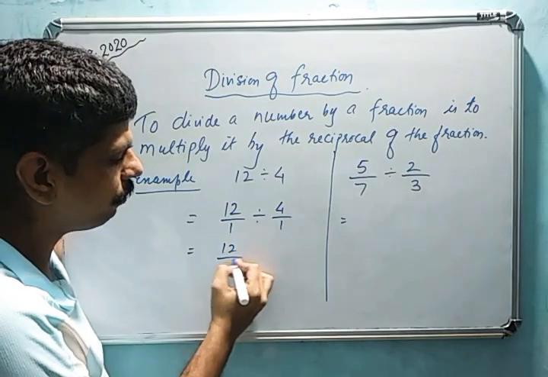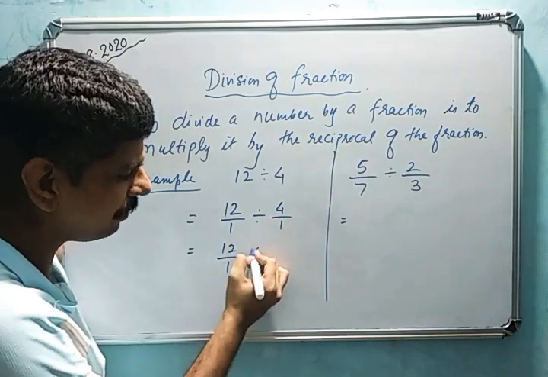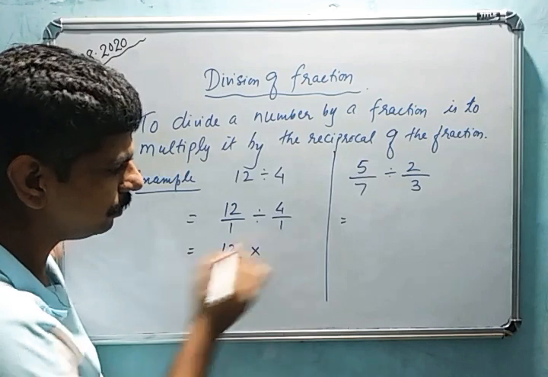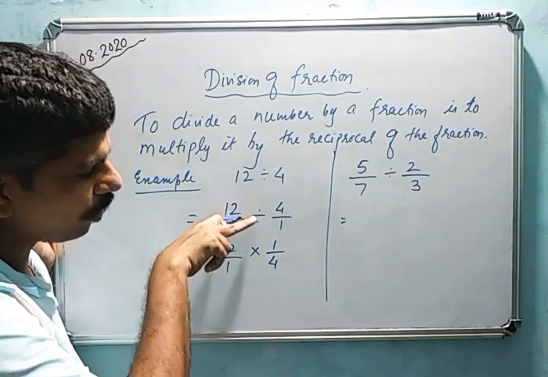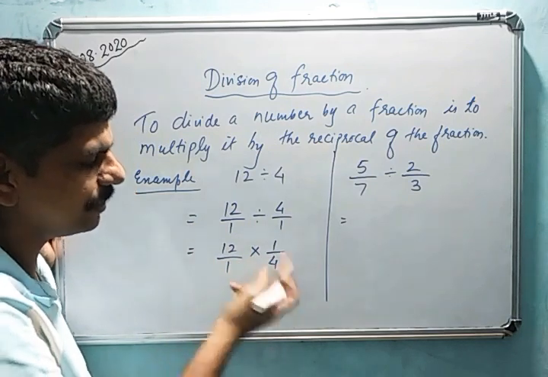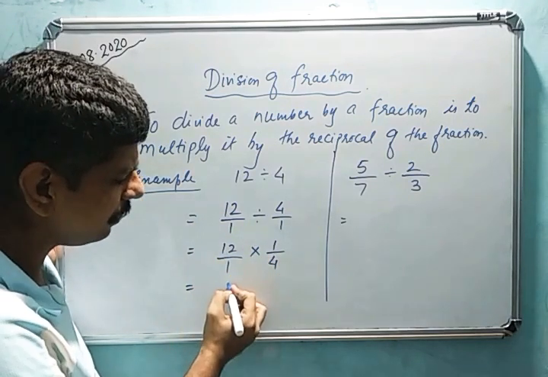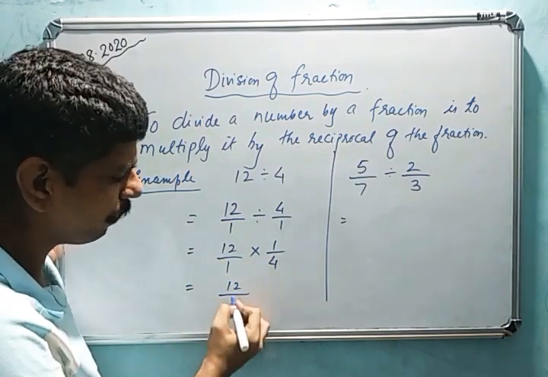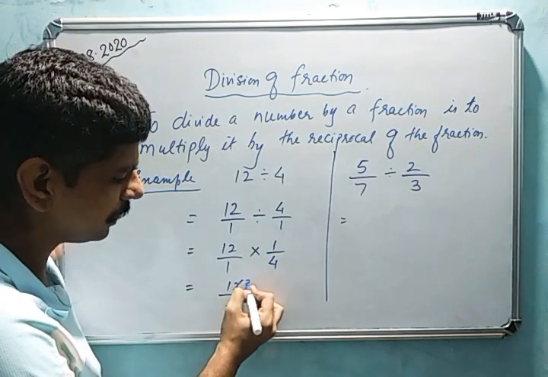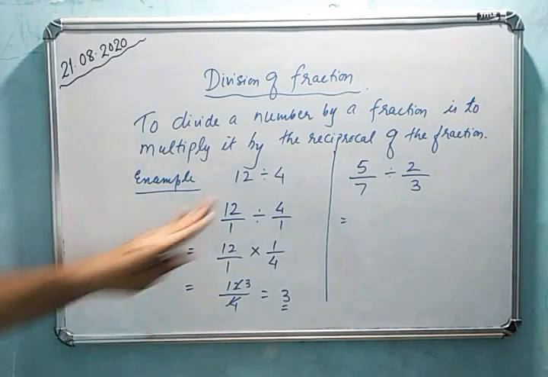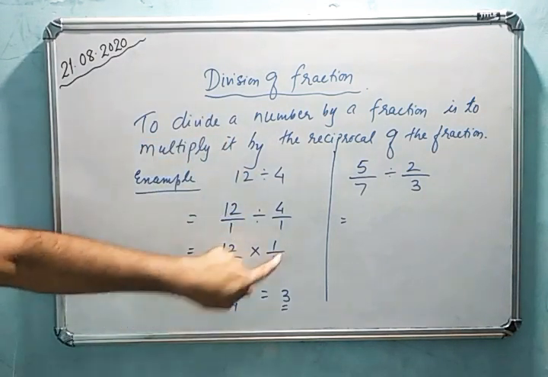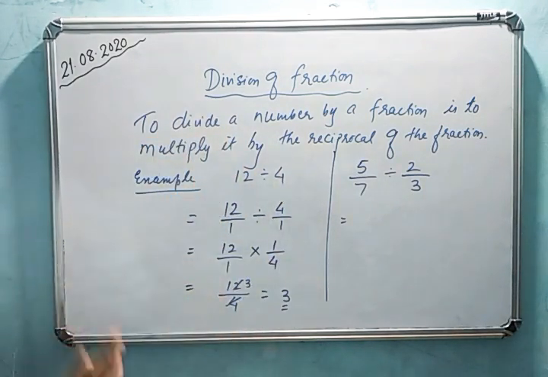So 12 upon 1, in place of division I will write multiplication, and 4 upon 1 will be written as 1 upon 4. So I have multiplied by the reciprocal. So 12 ones are 12 and 4 ones are 4. So 4 3s are 12. So I get here answer 3. So multiplying by a reciprocal or dividing is one and the same thing because 4 3s are 12.